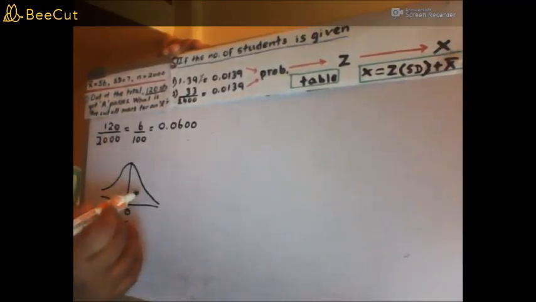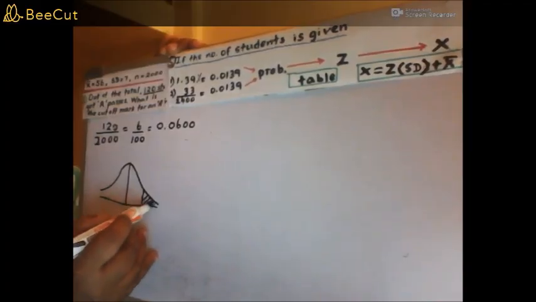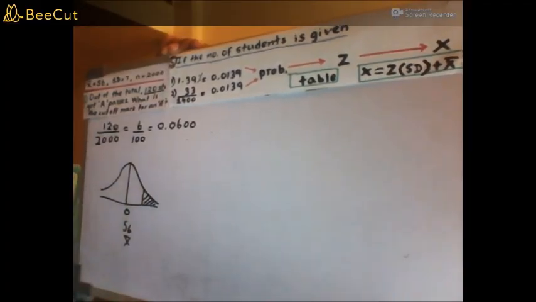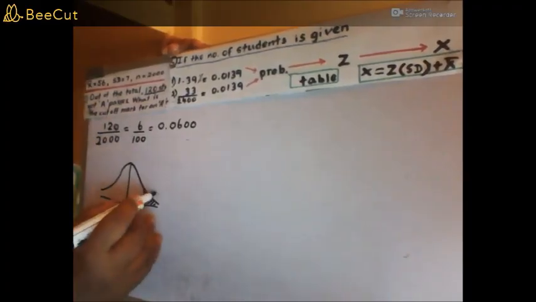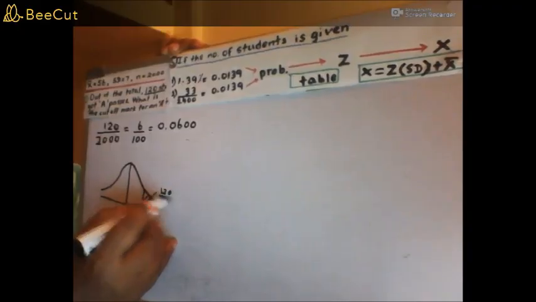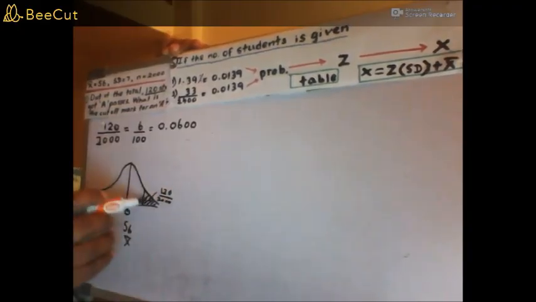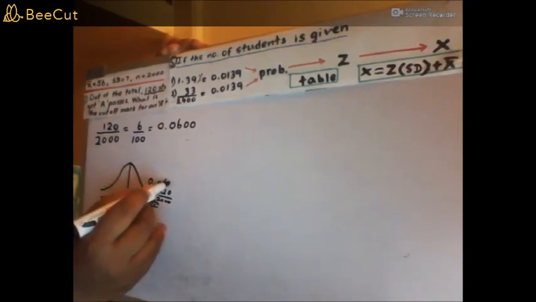A passes are here. This is the shaded area we need. And 120 out of 2000 are here. So the probability is 0.0600.